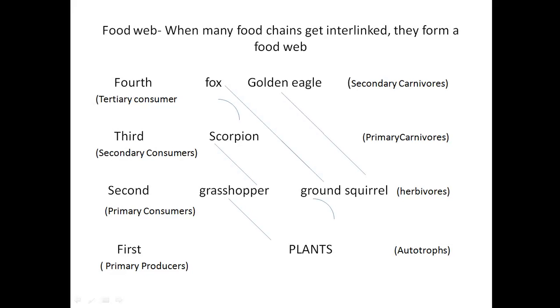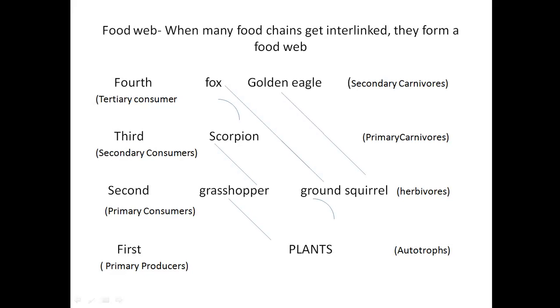As these animals are directly dependent on the plants, they are also known as herbivores. Those animals that depend on plants only are known as herbivores. So the grasshoppers may be further consumed or eaten by scorpions.